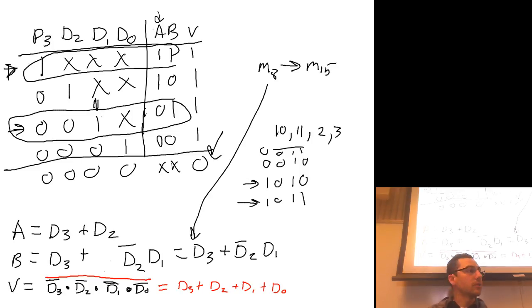What else can we talk about? On the D3 was D3 not, D2 not, D1. Why isn't it D2 not or D1?